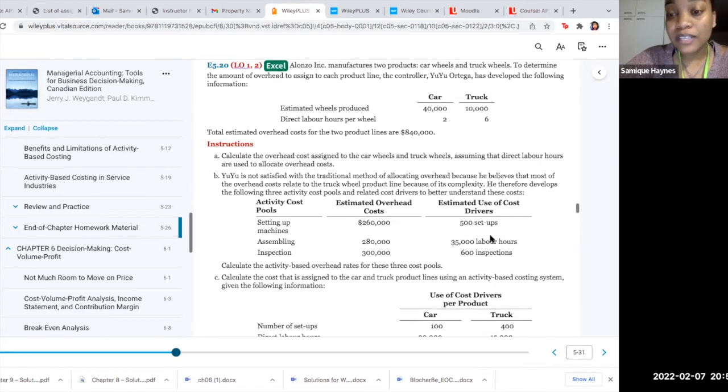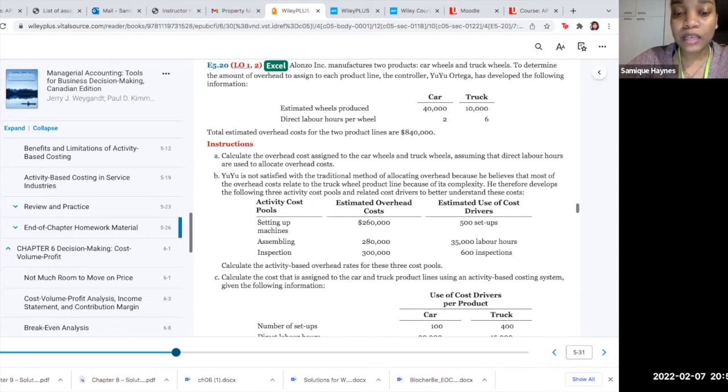He even tells us how many setups were used, how many labor hours we used, and how many inspections we used in total. This is the total setups, labor hours, and inspections, okay?